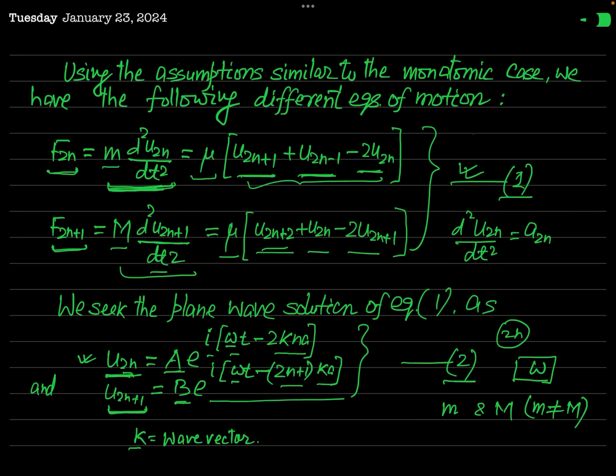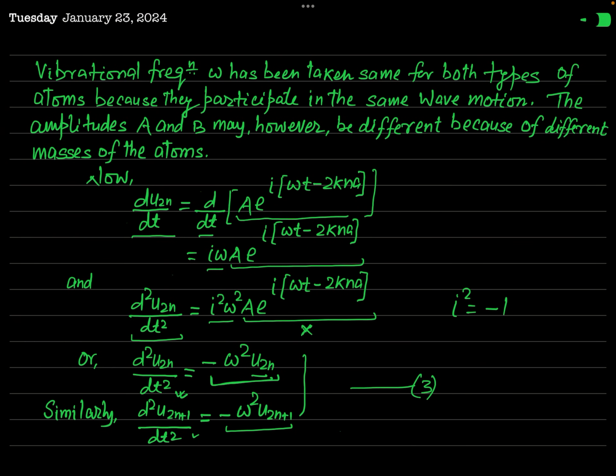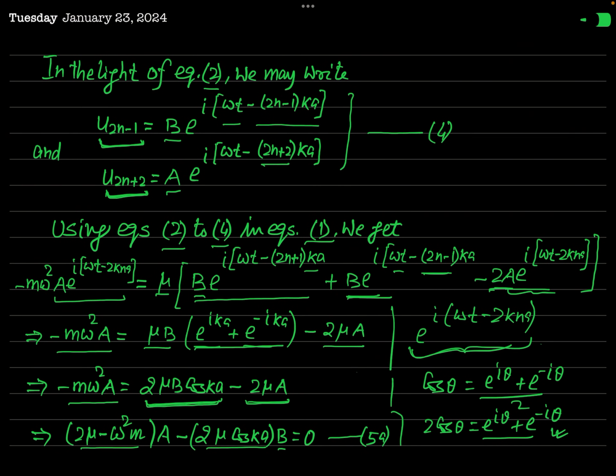And you can see the second equation of this equation 1 is also similar. So when you simplify that equation in the same manner, then what you will get, you can see. Actually, when we simplify that, instead of this small m, there will be capital M, and a and b will be interchanged.